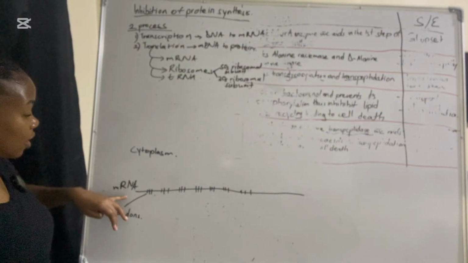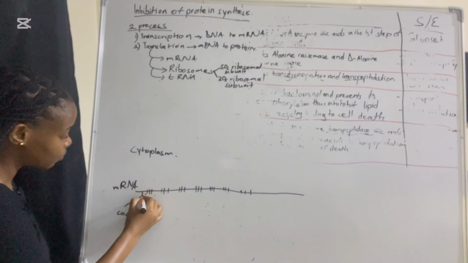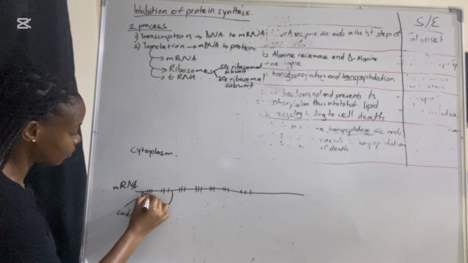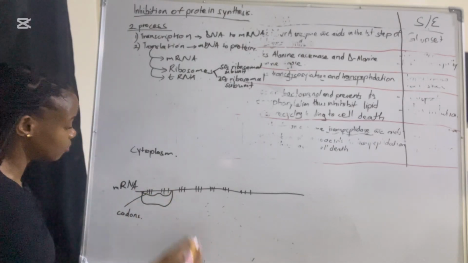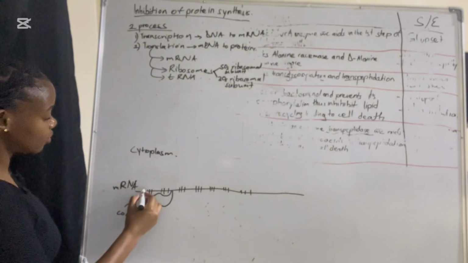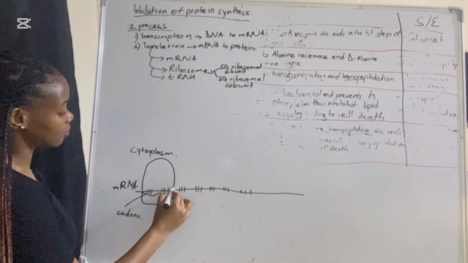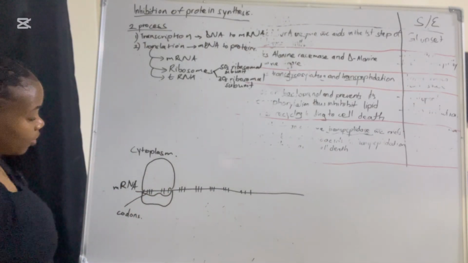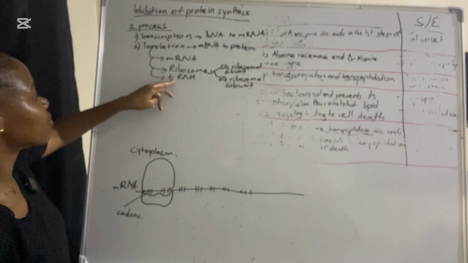Once the messenger RNA is within the cytoplasm, the 30S ribosomal subunit is going to come and join onto the codons. Then the 50S ribosomal subunit, which is the larger subunit, is also going to come and join onto the upper part of the messenger RNA. Then another substance, the transfer RNA.